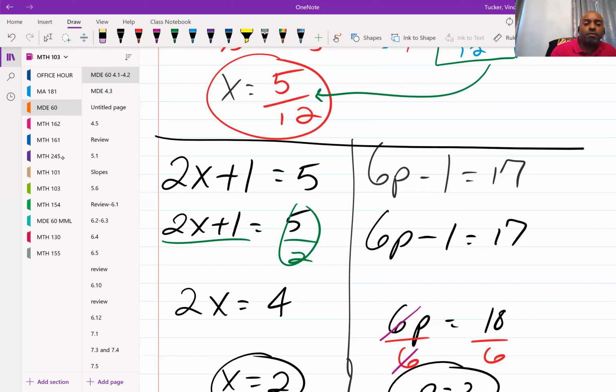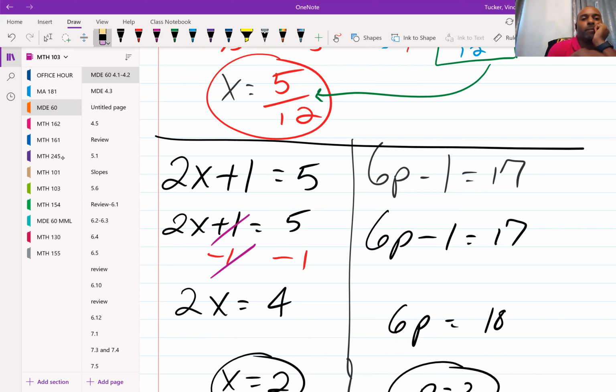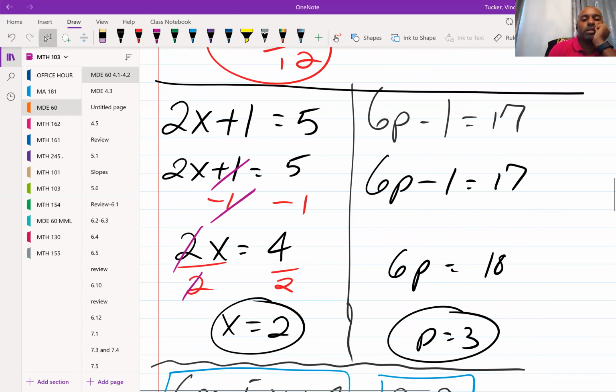So that wouldn't be our most efficient move. The best thing to do would be to go ahead and move the 1 first. So subtract 1 from both sides. 1's cancel, and that'll leave me with 2x on the left. 5 minus 1 is 4 on the right. And then divide both sides by 2. x is equal to 2. 4 divided by 2 on the right gives you 2.